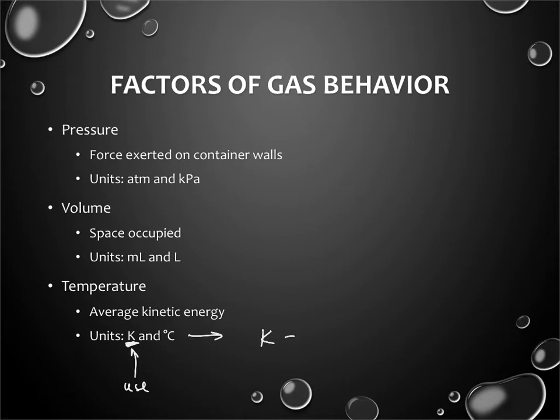This is on the reference table. So you just simply add 273 to that temperature. And so some of the conversions are like this: 1 ATM equals 101.3 kilopascals. Volume is 1 liter equals 1,000 milliliters.